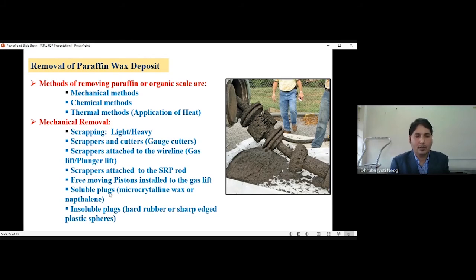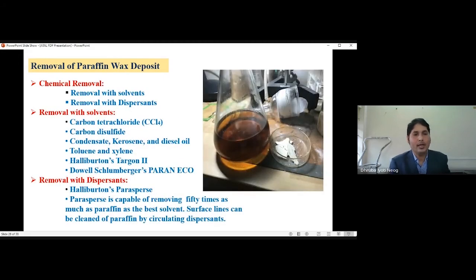And sometimes soluble and insoluble plugs are run through the flow line system in order to physically remove the deposits of paraffin. Another method is the chemical method. The chemical method works using solvents and dispersants. There are different solvents used in the oil industry to dissolve the paraffin deposits and remove them from the well.